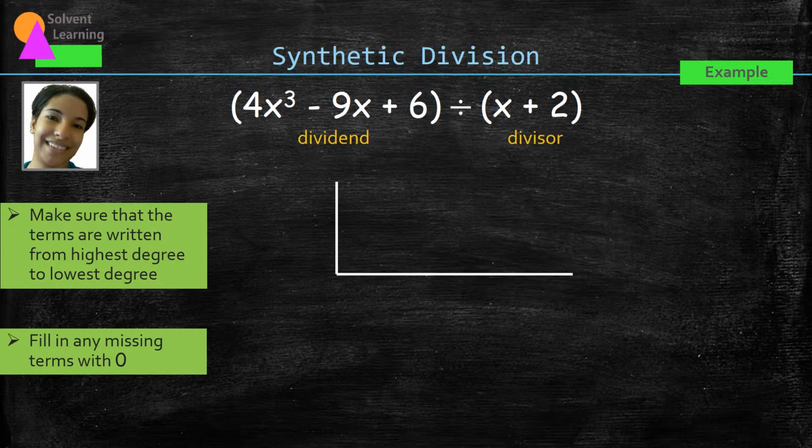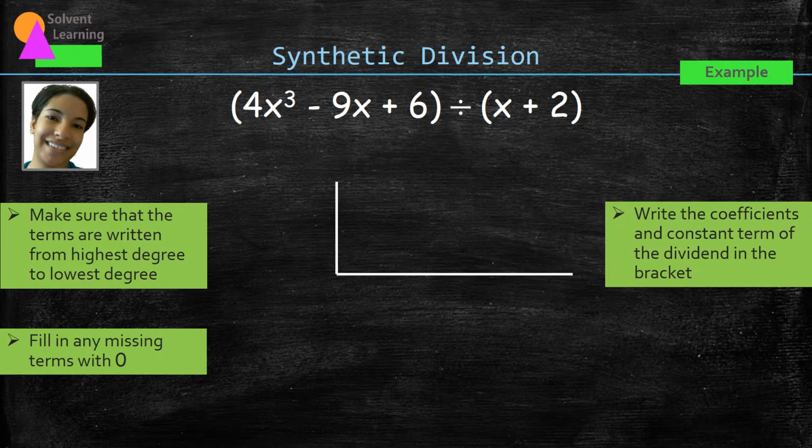Notice that this symbol is different than the symbol that's used for long division. Now that we have the bracket set up, we can begin filling in the numbers. We're going to write the coefficients and constant term of the dividend inside the bracket. The coefficient of the third-degree term is a 4, and we didn't have a second-degree term in this polynomial, so we're going to fill that in with a 0 once we get to it.